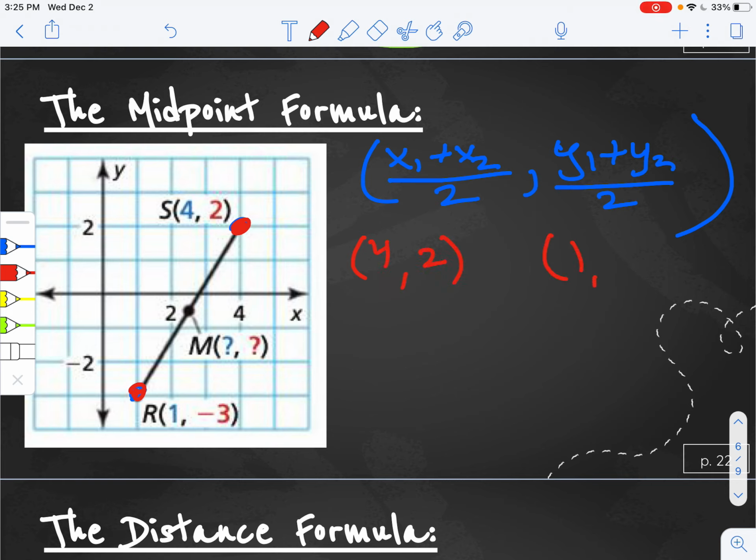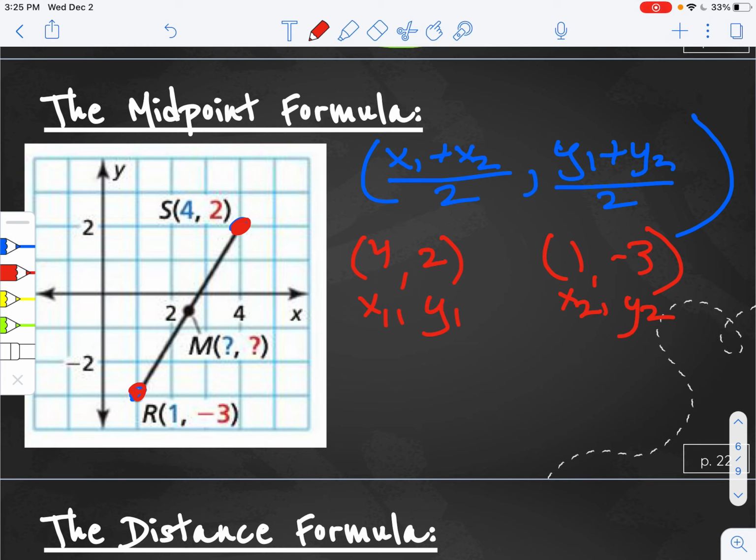Now, when we find the midpoint, we want to take the two endpoints, those coordinates. So we have 4, 2, and 1, -3. We want to take the two end coordinates, and I like to label them. So we know we have an x and a y, we know we have an x and a y, and just because it makes sense, let's call this first one x1, y1, and this x2, y2.